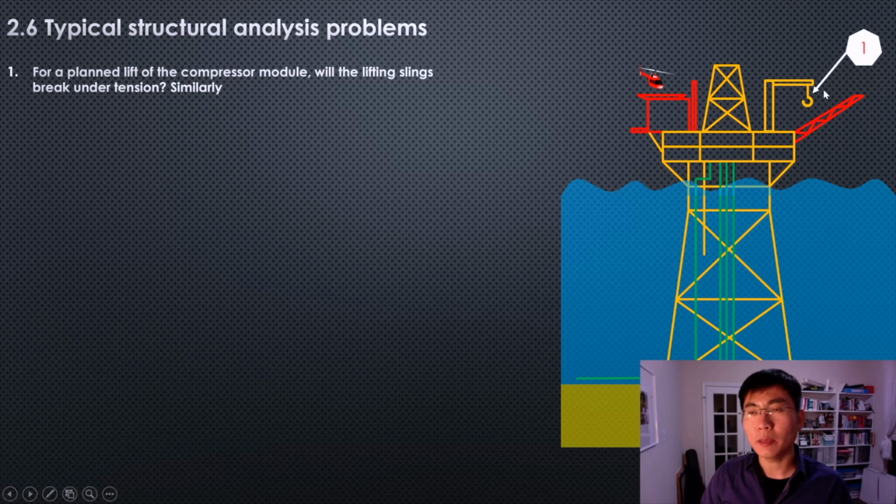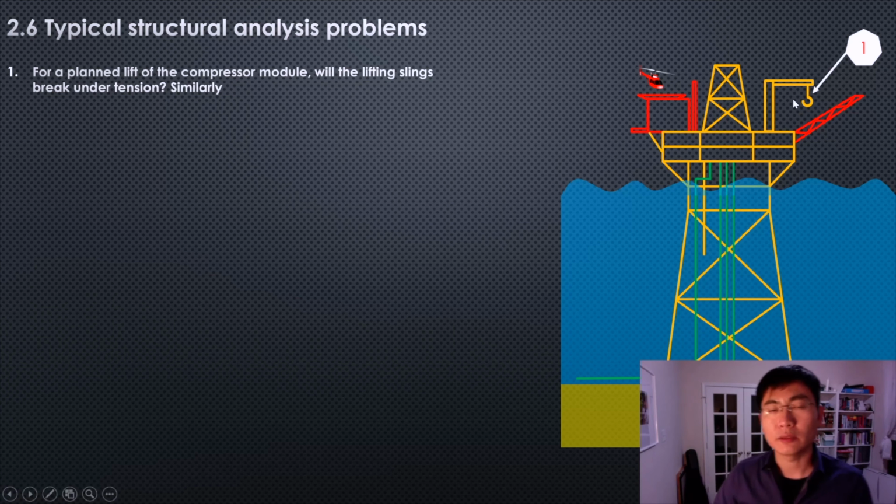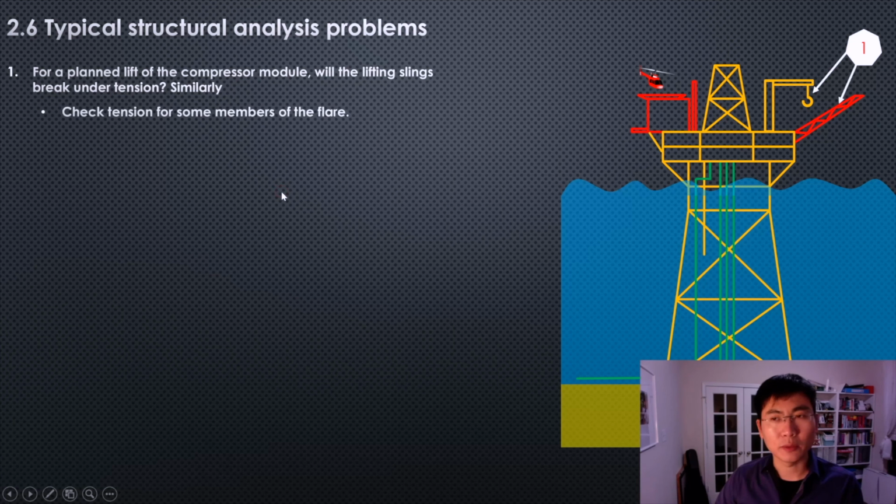And in the meantime, we do a calculation of the tension, so the applied tension force on the sling. We check the capacity of the sling member to see if that applied tension exceeds the capacity. If it does, then we may have a break event. If not, then we're fine. Or we can also calculate the factor of safety, so we know how much reserve we have in the bank.